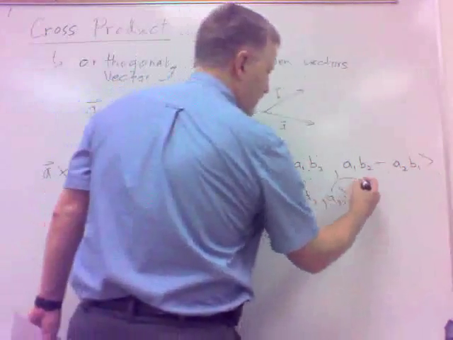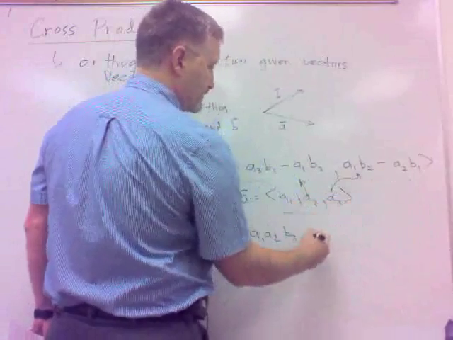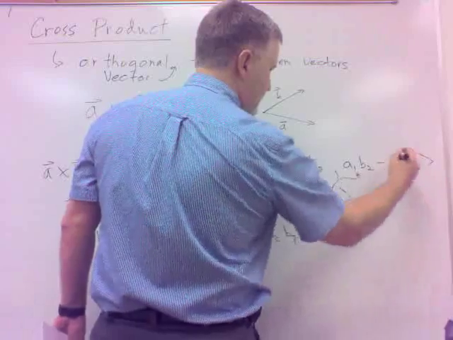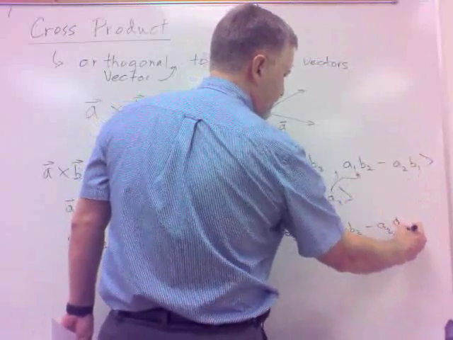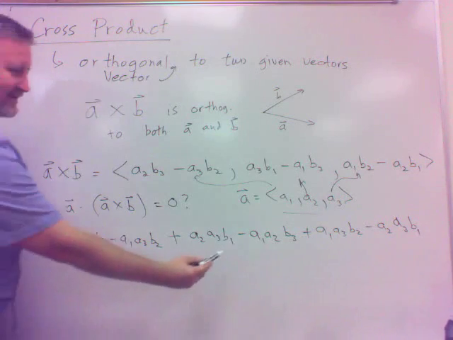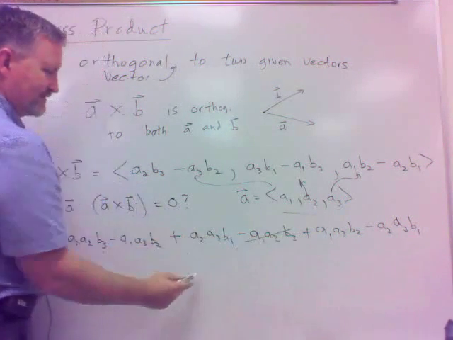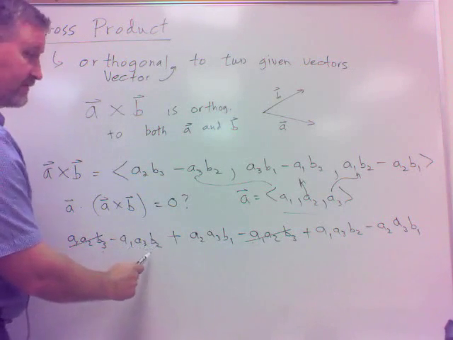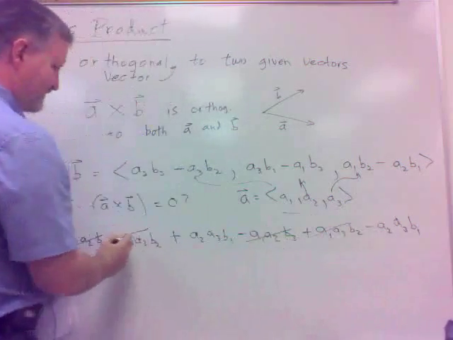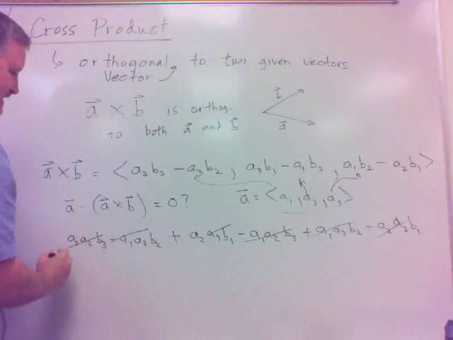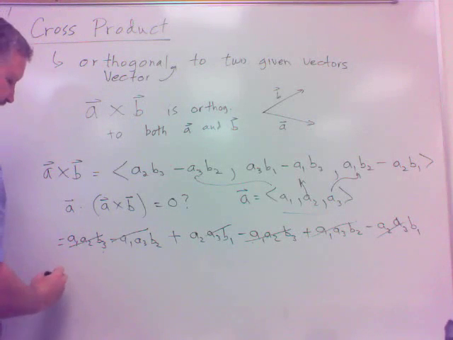And then the other part would be A3 distributed into that, so A1A3B2 minus A2A3B1. And notice what happens. I got an A1A2B3, but I've got a minus A1A2B3. A1A3B2, do I have one of those? Yep. Plus and a minus. Look at that. So this does give me 0.